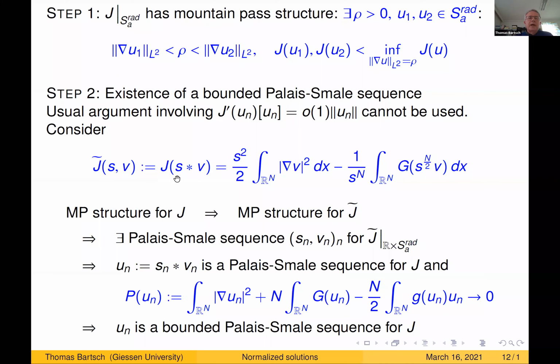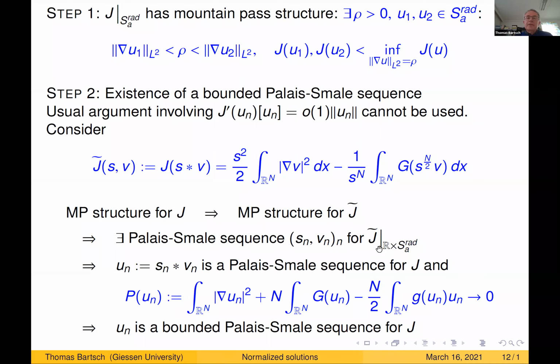So we look at this path as a function of S and V, and see that a mountain path structure for J gives actually a mountain path structure for J tilde. And then you get a Palais-Smale sequence, but now consisting of a positive number S sub n and an element V sub n of the sphere for the constraint functional.